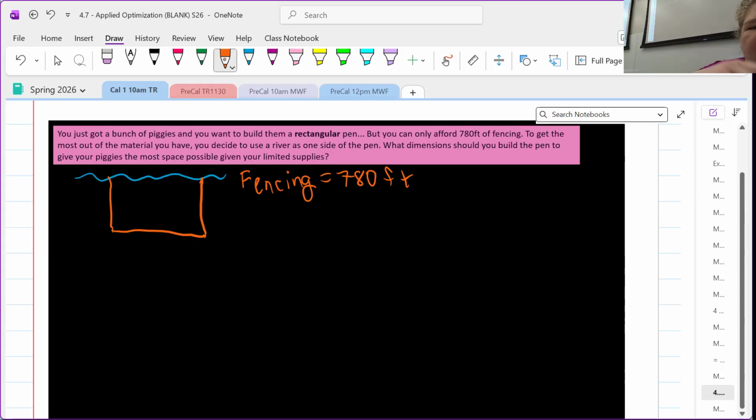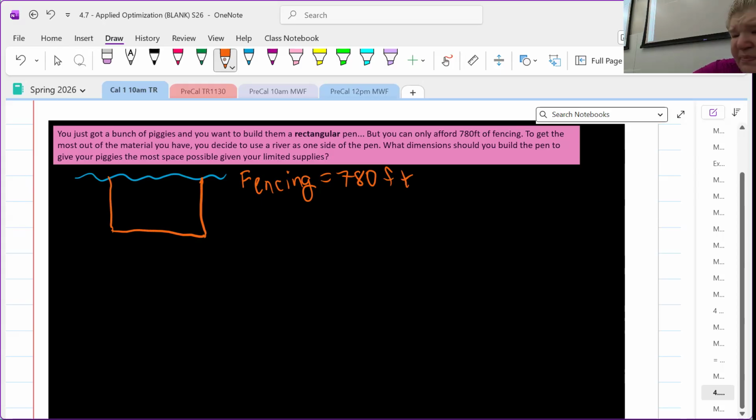So when we're talking about a rectangle, what kind of words do we usually use to talk about the sides of a rectangle? Yeah, usually length and width.